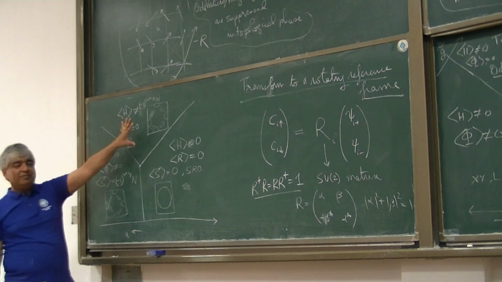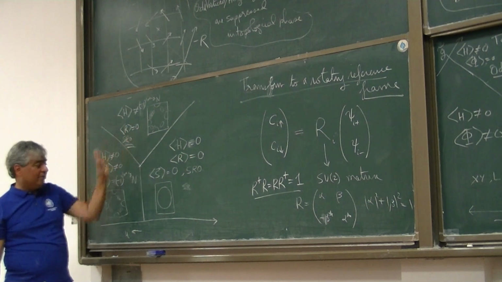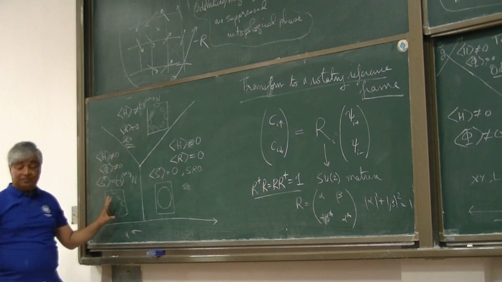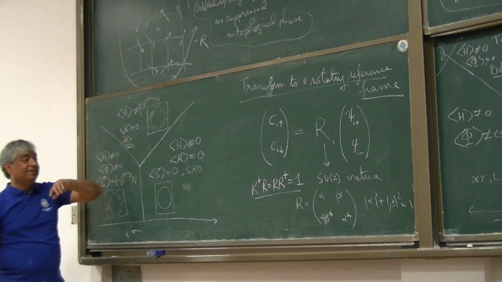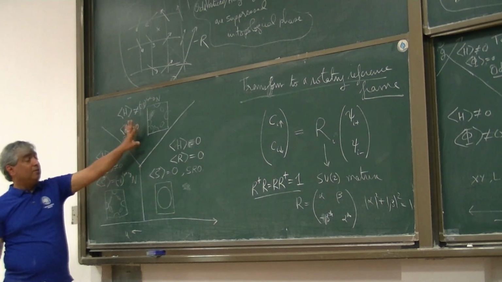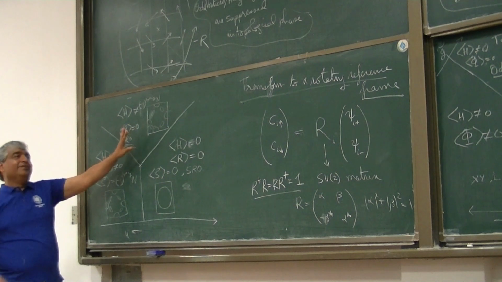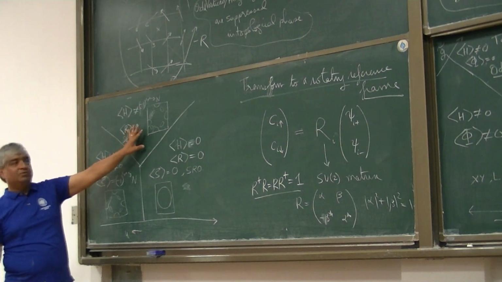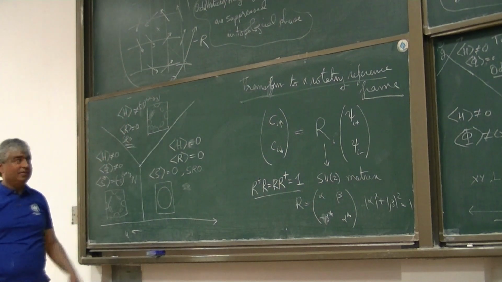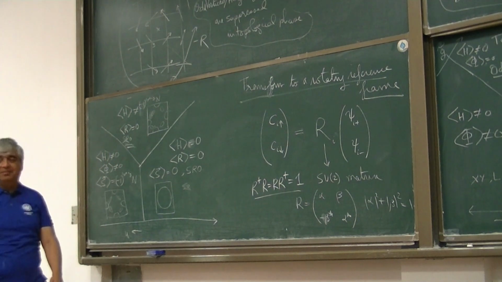But there's also a third phase, which does not have long-range order like this phase, but which has the Fermi surface of this phase. So this is the topological phase. And in fact, for the easy plane spins, this is the same topological order as the toric code. It's a bit more subtle for the SU2 spins, but the same basic picture applies. This is the Higgs phase of SU2 gauge theory.